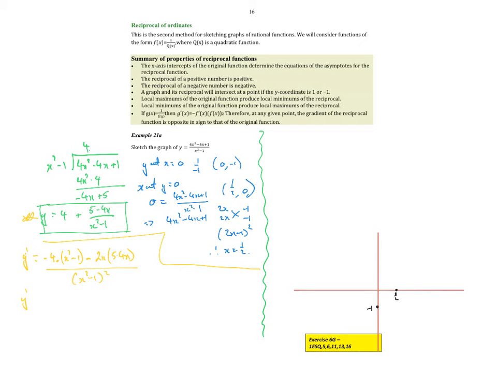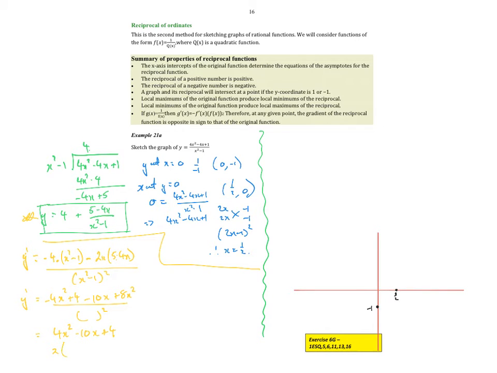So y dashed is equal to negative 4x squared plus 4 minus 10x, a minus, plus 8x squared over bottom squared, which is equal to 4x squared minus 10x plus 4.